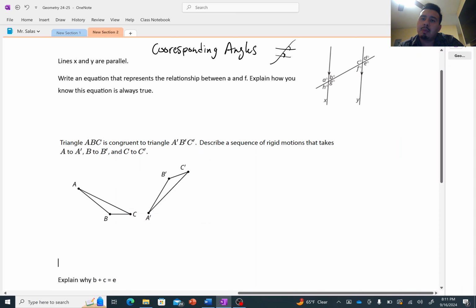In this case, they're both to the left of their lines and on the top side of the transversal. So they're corresponding angles, which lets me know that they're the same.